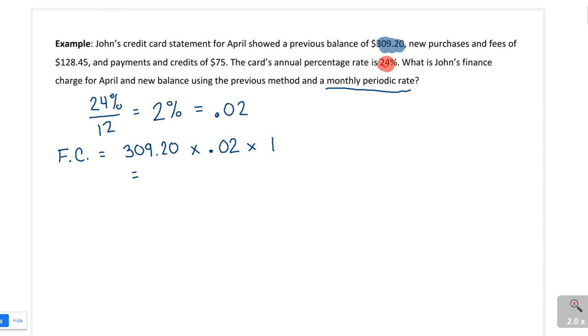When we multiply that out, we get $6.18. So that's part of the question that we're supposed to answer. What was the finance charge for April? $6.18. Now we need to find the new balance.